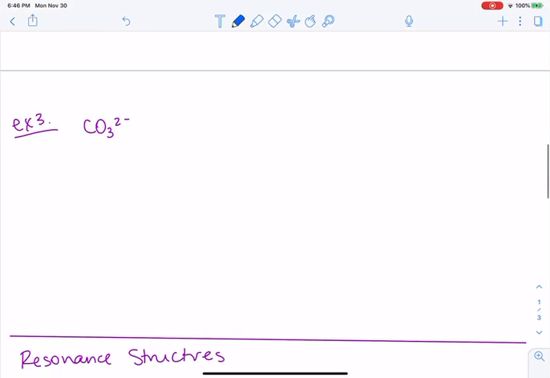Let's do carbonate, another one of Mr. Hicks's very most favorite. So carbon has 4 valence electrons. Oxygen has 6. There are 3 of them. And then you see that we have this -2 charge. It's an anion. So we need to add 2 electrons.